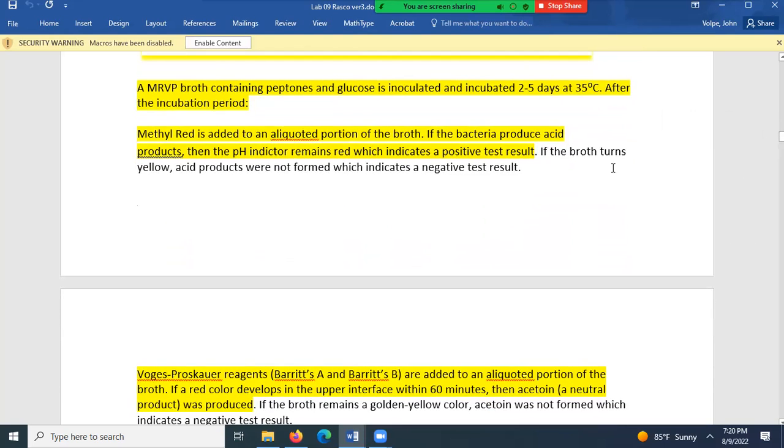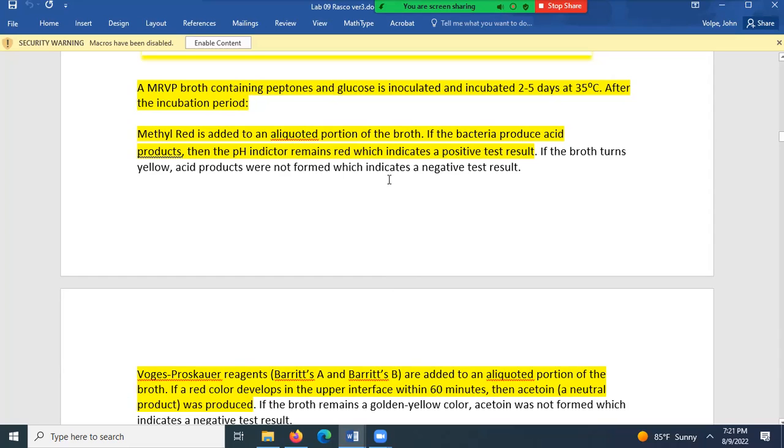All right, so for the MRVP broth, you inoculate it with your unknown bacteria. You then grow it for 2 to 5 days. After that point, you separate the tube into two parts, one for the methyl red portion, the other for the VP test. For the methyl red, you then add the methyl red reagent to it.